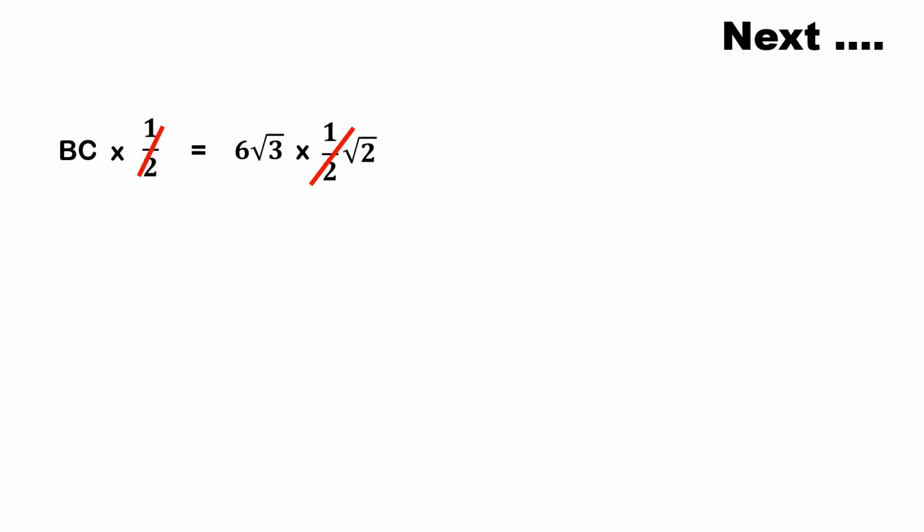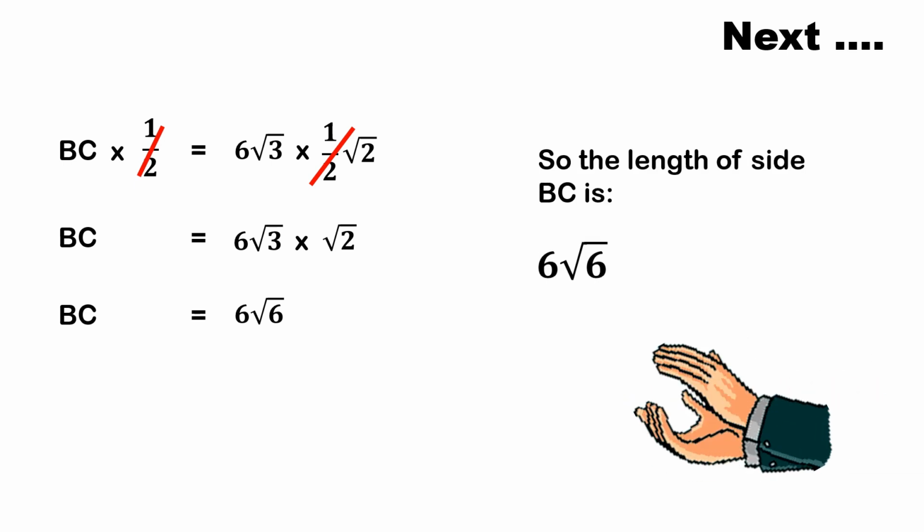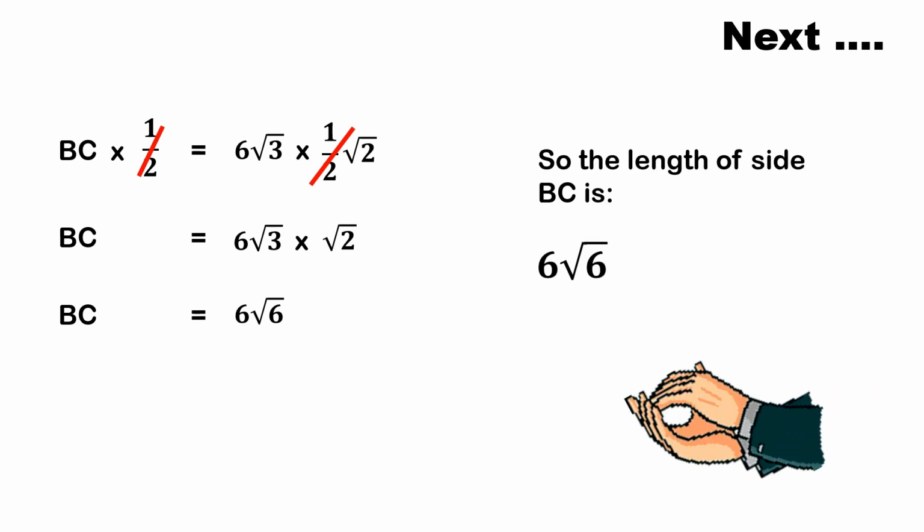Then multiply the root of 3 and the root of 2. So the result is 6 root 6. So the length of side BC is 6 root 6. That's the solution.